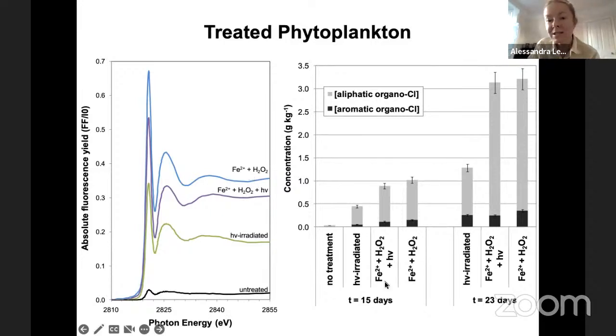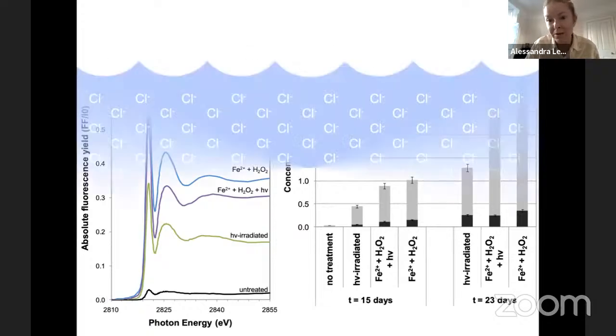So these test reactions showed that phytoplankton detritus starts out with a certain amount of organic chlorine that's intrinsic to it, but potentially these reactions that occur in the euphotic systems can contribute to making even more organochlorine.